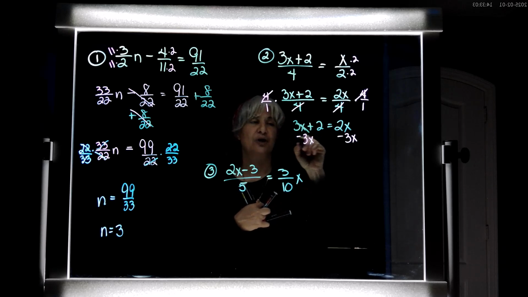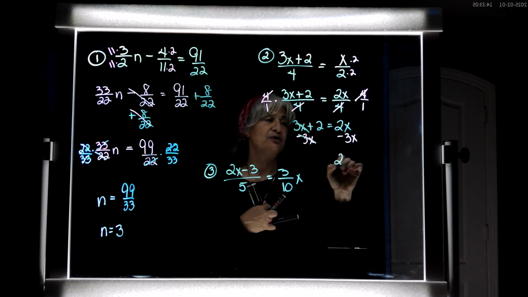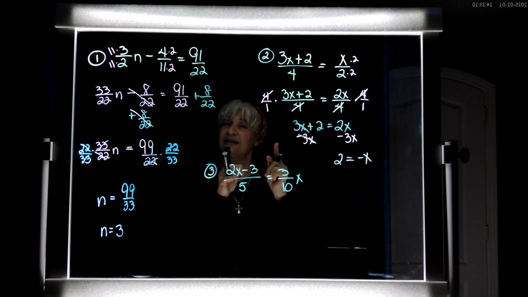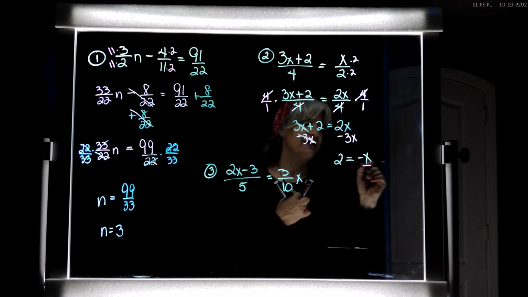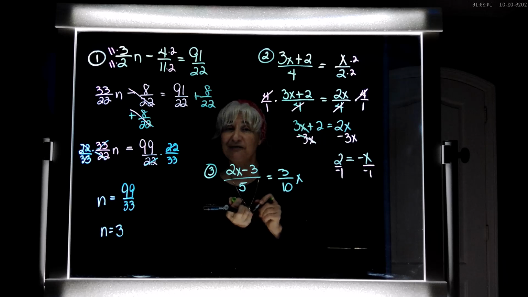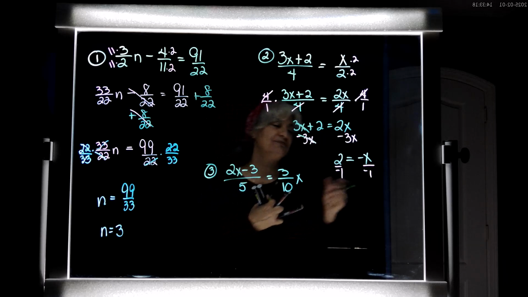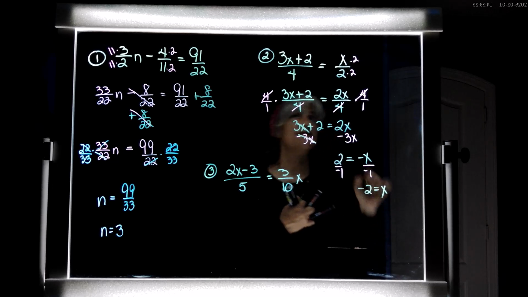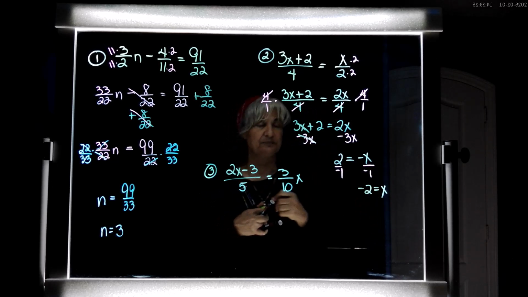These guys drop away. You're left with 2 equaling negative x. And then, good, divide by negative 1 on both sides because you're only supposed to have a positive 1 in front of that x, right? Okay. So you end up with negative 2 equaling x for problem number 2.